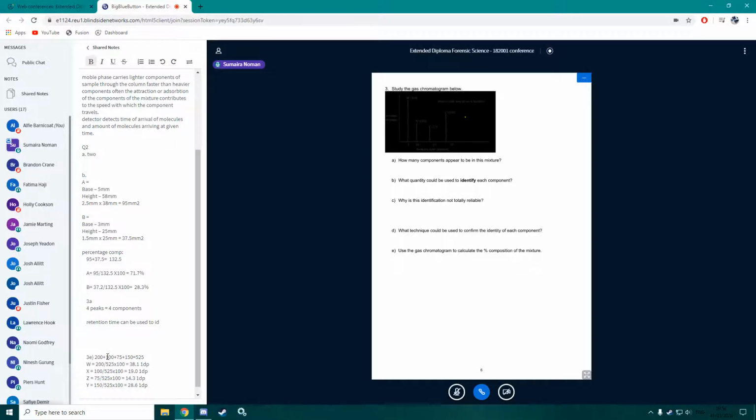So retention time can be used as long as the same solid and liquid phase is used, according to whatever your reference says.